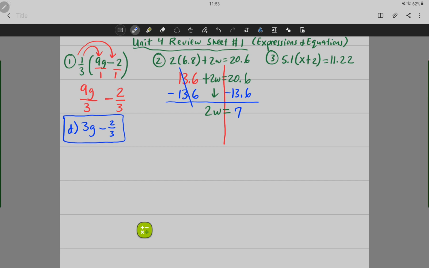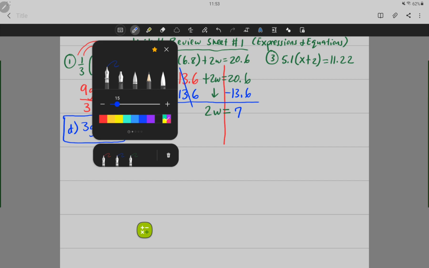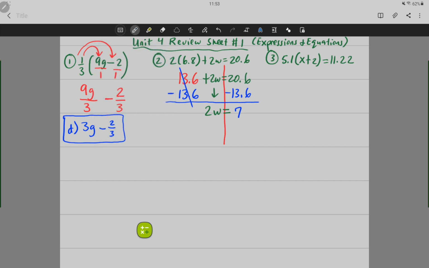Now what operation do we see? Well, we should see multiplication. It says 2w, which means 2 times w. Since we're looking at multiplying, we perform the inverse or opposite operation. Opposite of multiplying is division. So divide both sides by the coefficient of 2. Remember, coefficient is just a number in front of the variable that's multiplying it.